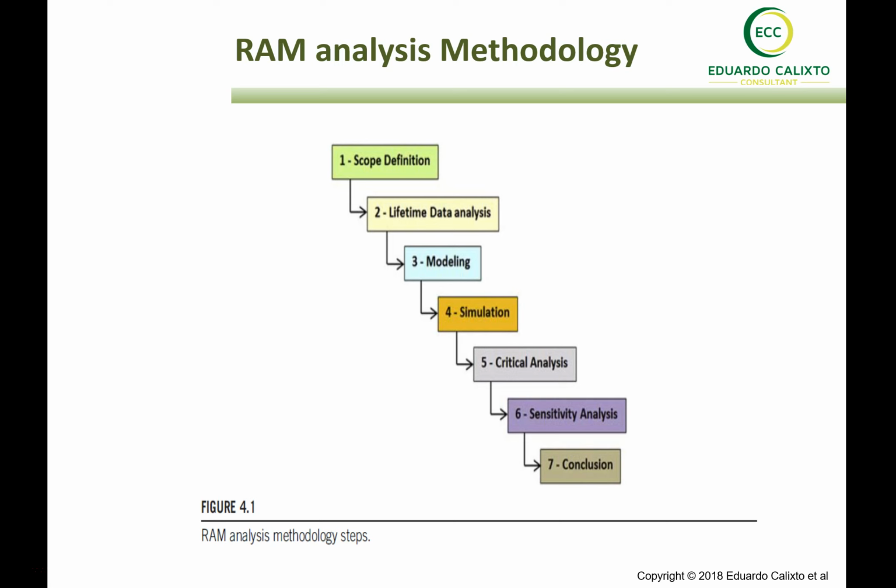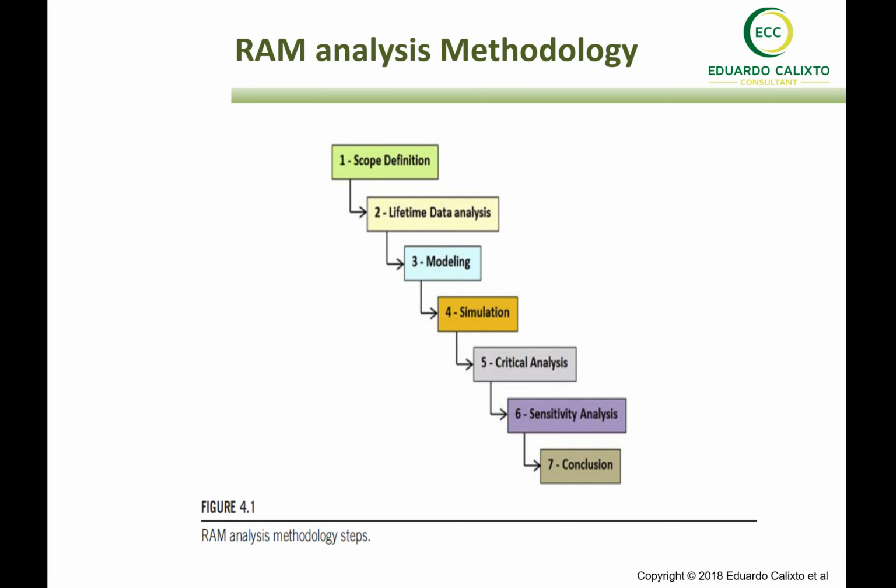So the critical analysis demonstrates which are the most critical equipment in terms of life cycle cost impact, in terms of system operation availability impact, in terms of reliability impact, like number of failures and percentage of failures, or even downtime or numbers of downtime. Okay, so all this type of index is part of critical analysis and demonstrates which are the bad actors. In other words, the equipment that has more impact in the system.